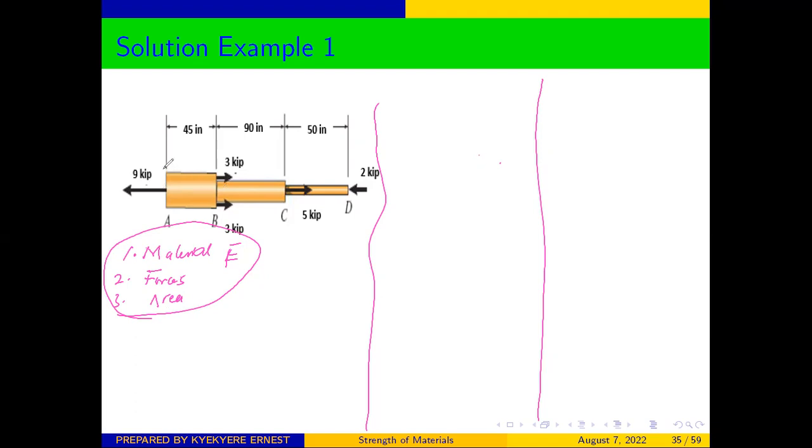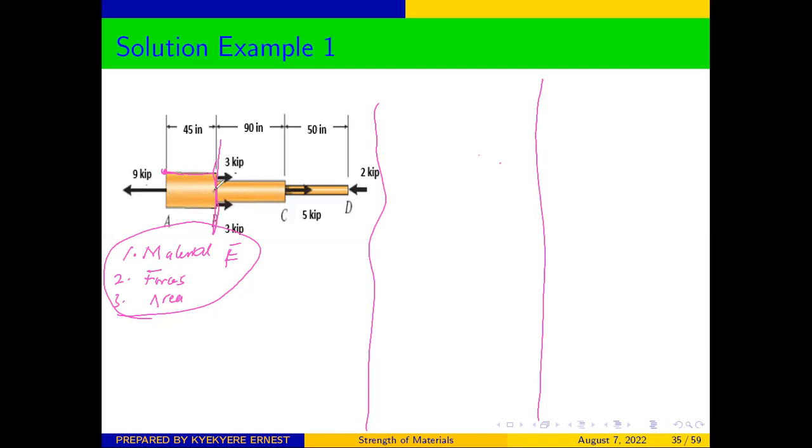So if I decide to start my analysis from A, then as I move from A, I encounter a change in diameter, so I can divide it at that section. There are also forces there, but because we have divided by the diameter, that will be enough.